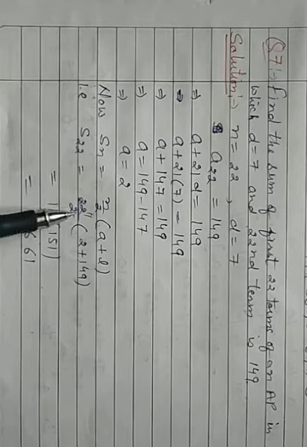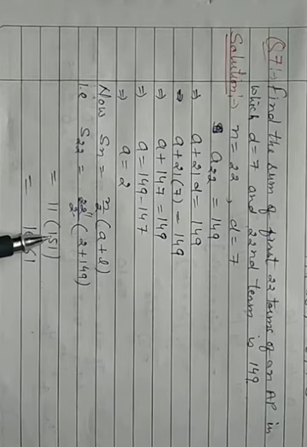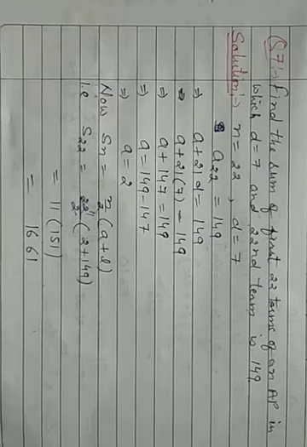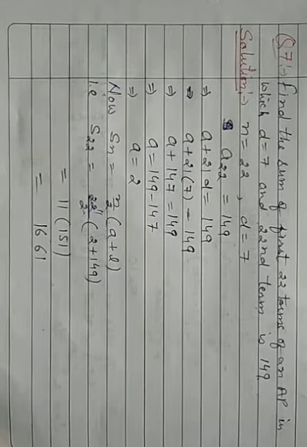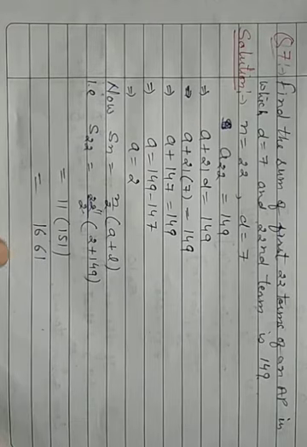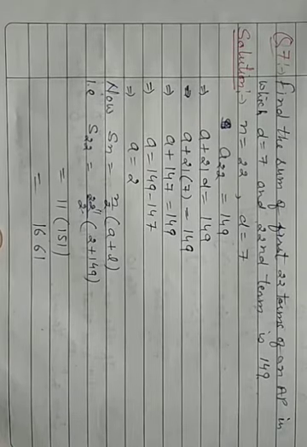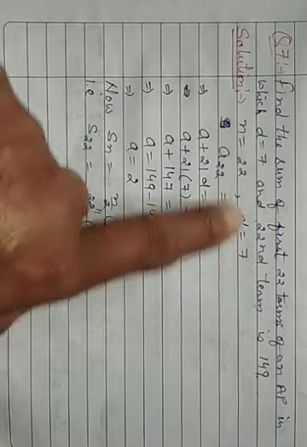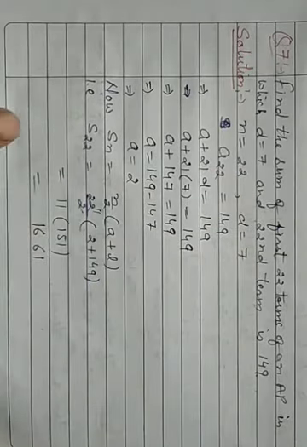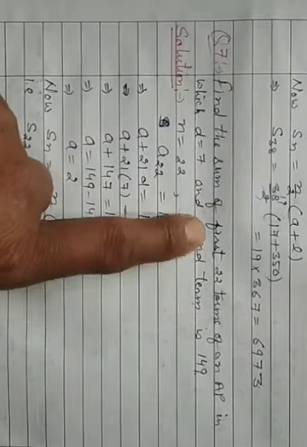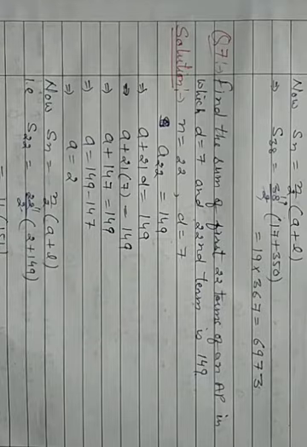Cancel: 2 11s are, add these two, 151. Now multiply 11 by 151. So it is 1661. Sum of first 22 terms.